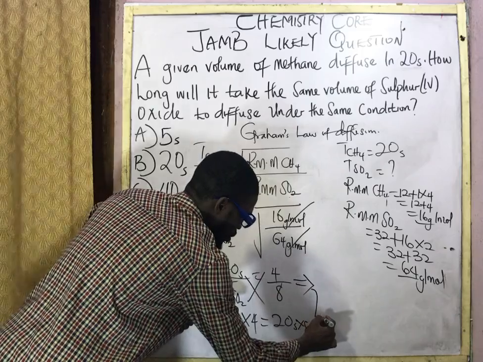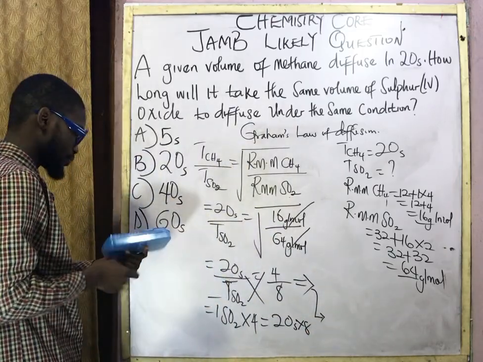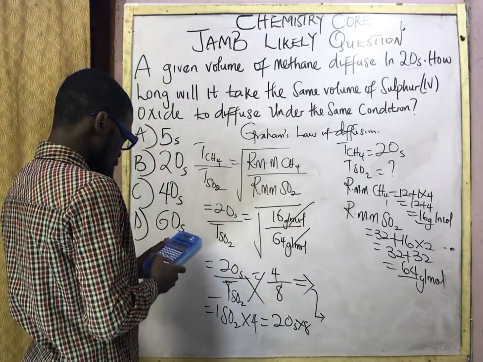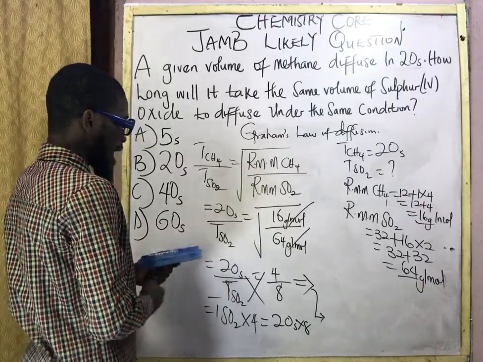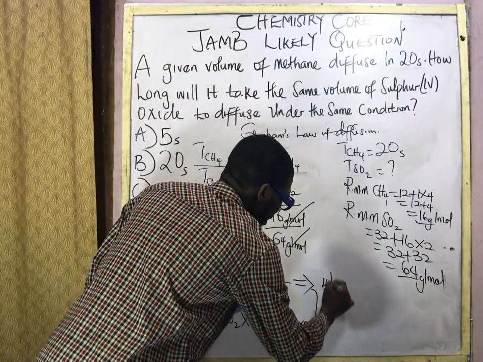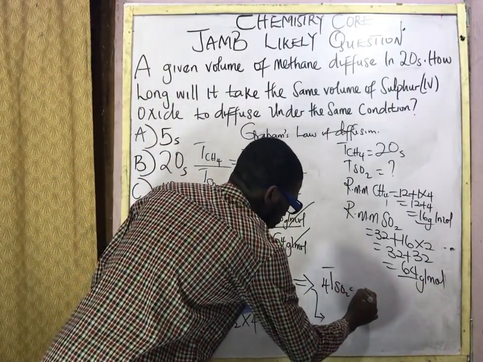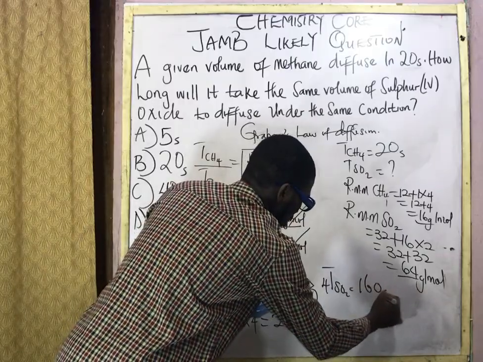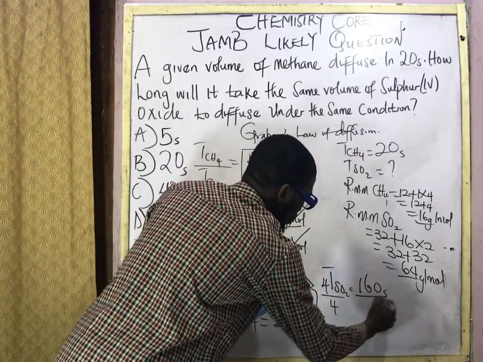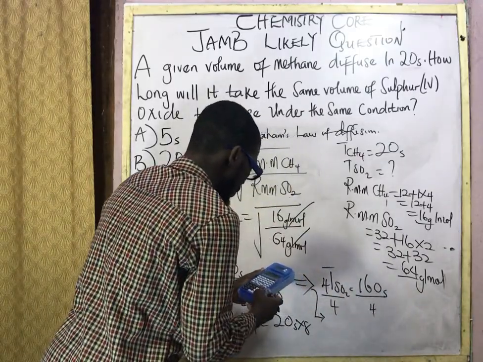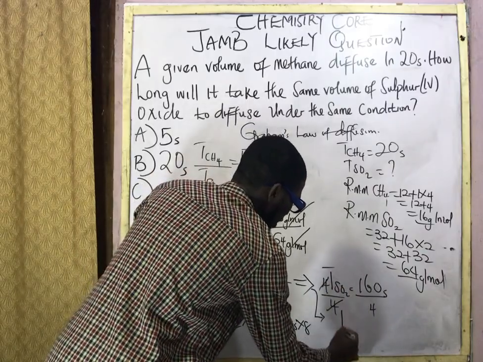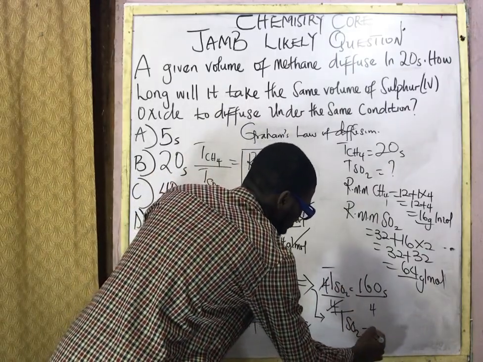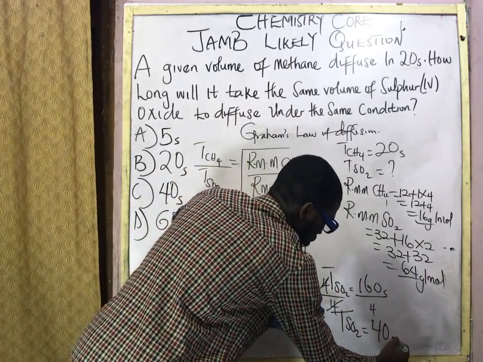That will give us what? 20 multiplied by 8. I have 4 times the time of sulfur oxide equal to 160 seconds. Divide both sides by 4. So this cancels this. The time of sulfur oxide is given to be 40 seconds.